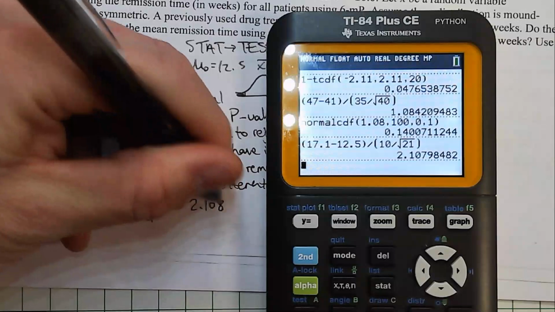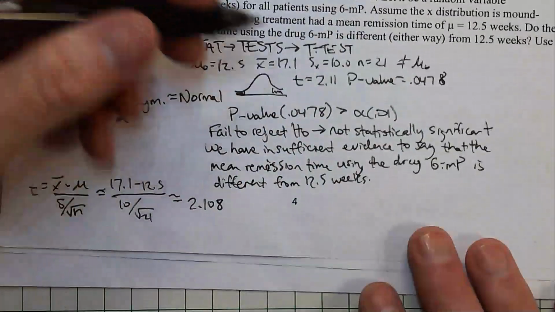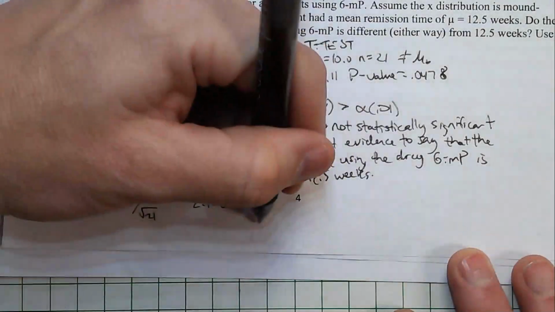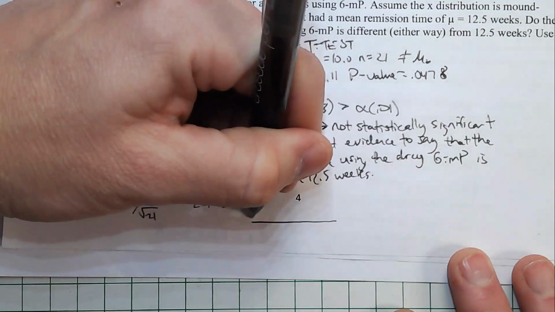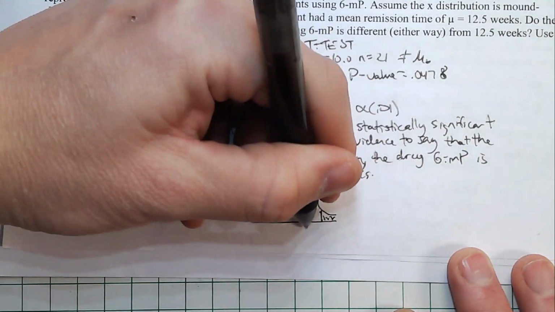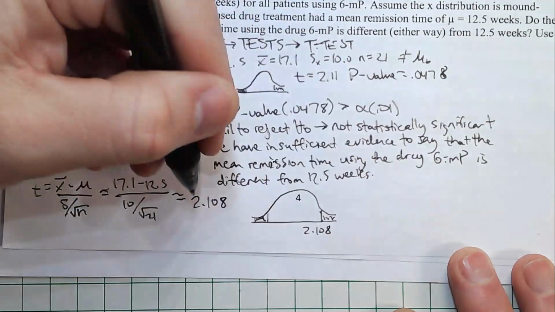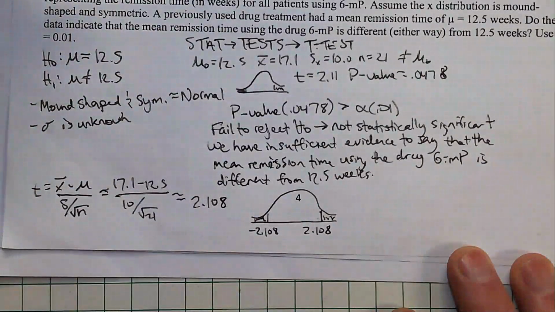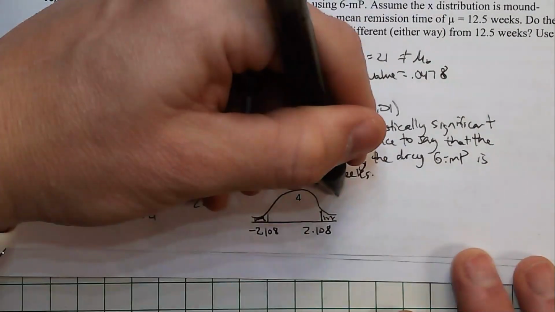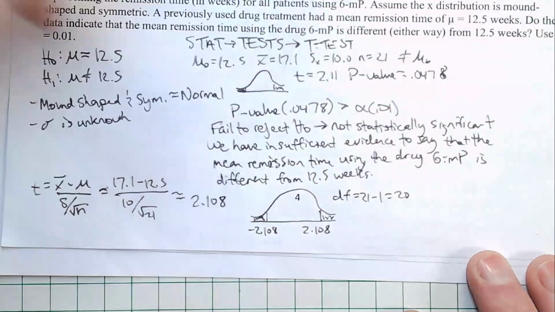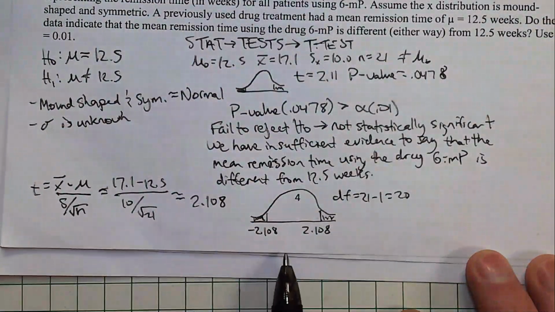Now, this is a little different. As I said, you don't have to know this, but how do I get the area? Well, it's a two-tailed test. So you have a high end T of 2.108, and a low end of negative 2.108. For the T, you use degrees of freedom, which is n minus 1, so degrees of freedom is 20. There's a function in your calculator called TCDF you could use for this.